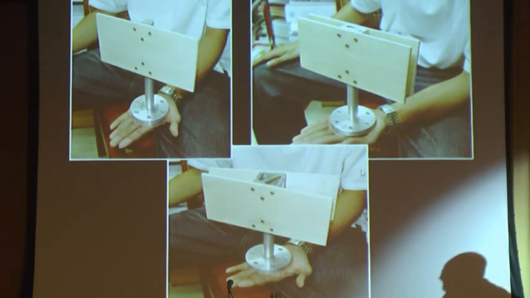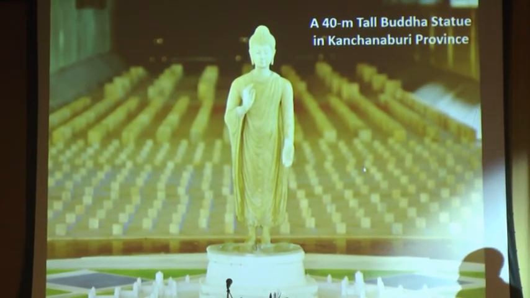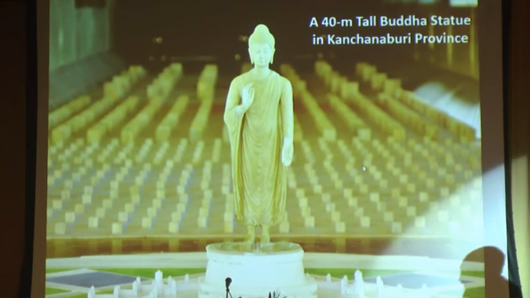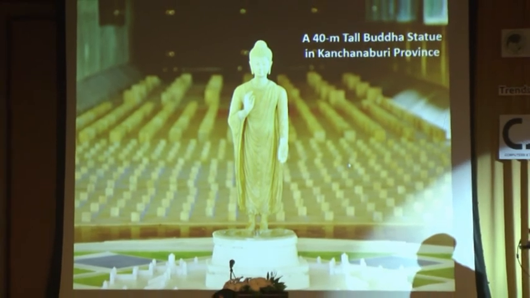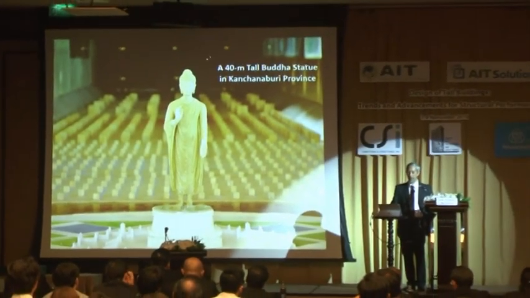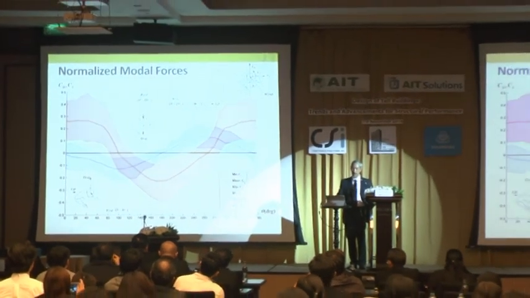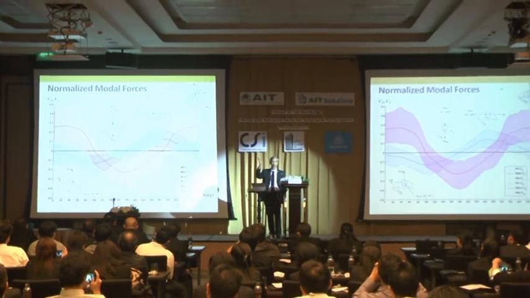We can test many other configurations in the wind tunnel. Also, you cannot find wind load coefficients or wind load information from any code for a standing configuration of a Buddha statue. It's not possible. So we put it in a model in the wind tunnel, and we can check the wind force from any different wind angle.